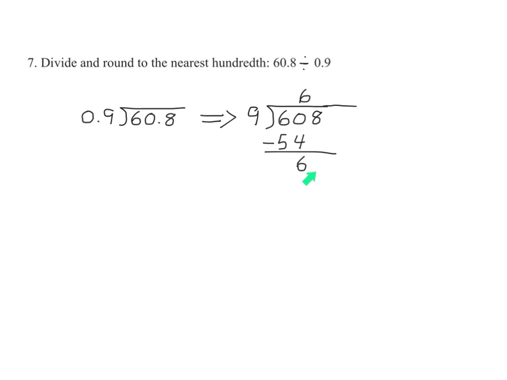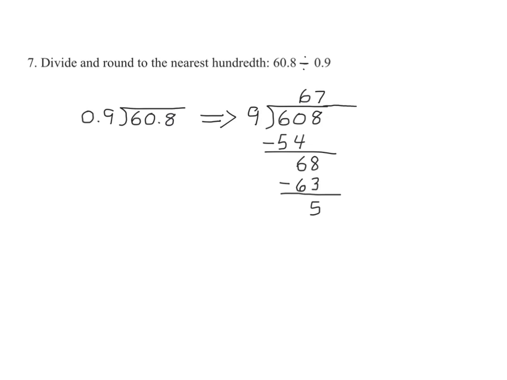And we bring down the 8 and ask ourselves, how many times does 9 go into 68 at most? And the answer is 7, since 7 times 9 is equal to 63. Completing the subtraction leaves us with 5.